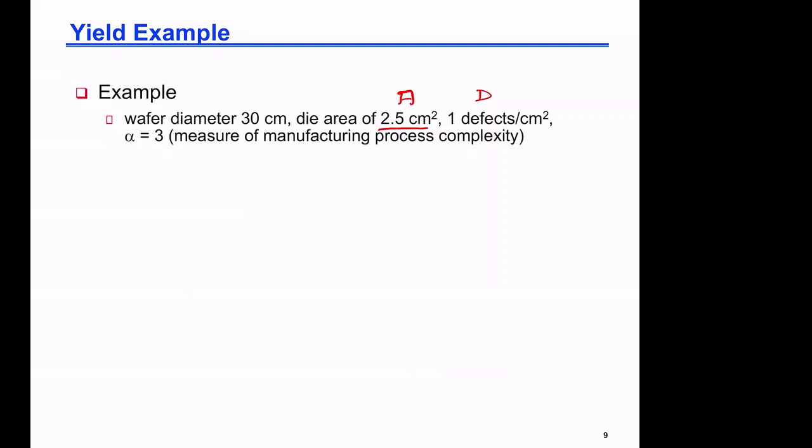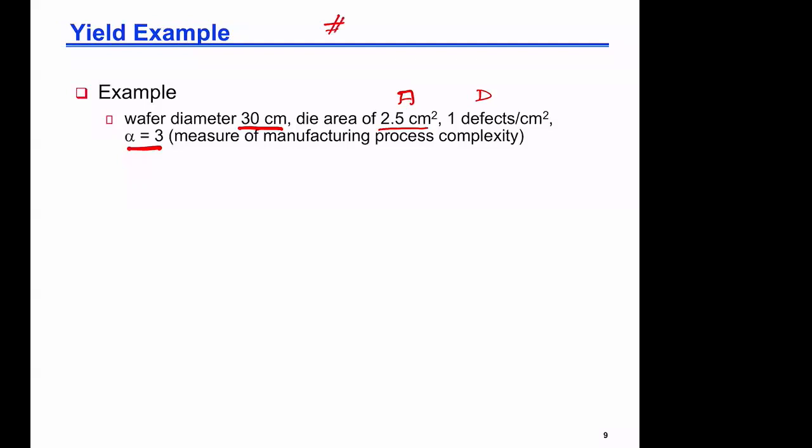And they gave me alpha, which is a constant representing the fab. Okay, so let's see what the questions are first. The first quantity that I can calculate here is the number of dies, right? So how many dies do I have?